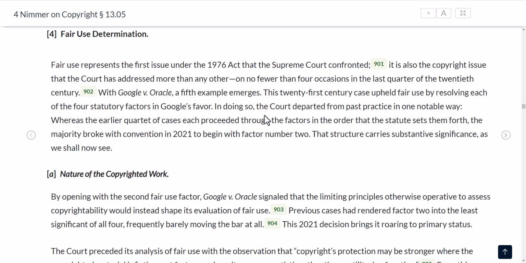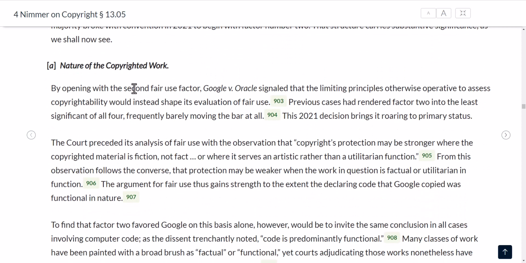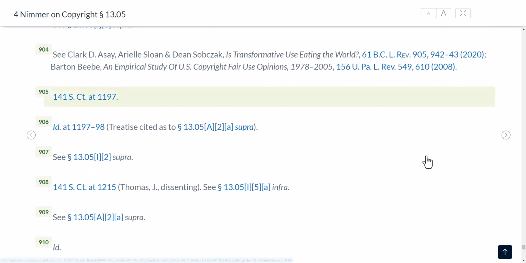It looks like the court opened with the second fair use factor, when normally they go in order of 1, 2, 3, 4. So this quote, where they're talking about the nature being looked at first, is interesting. So I'm going to go into the actual opinion now and read.